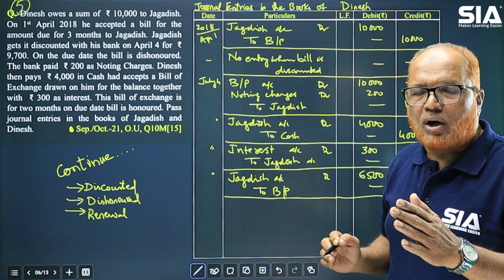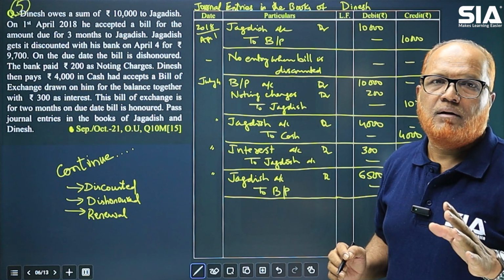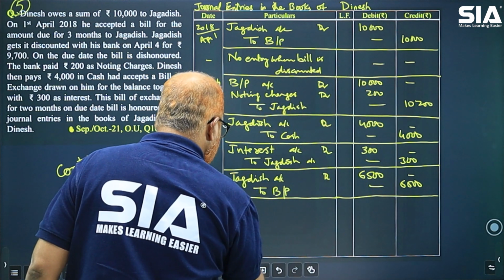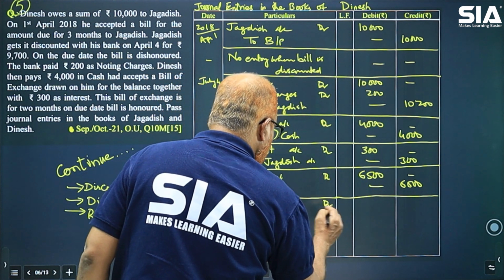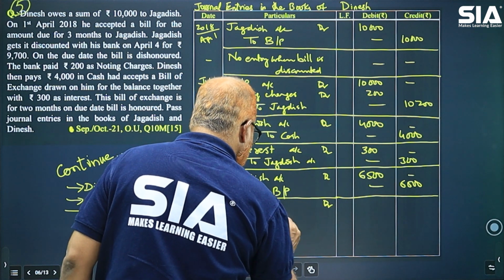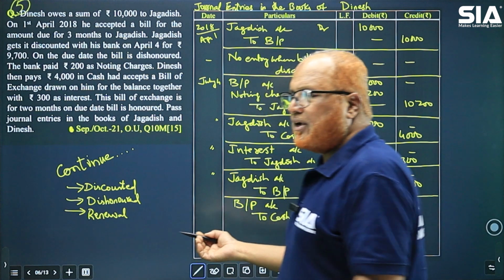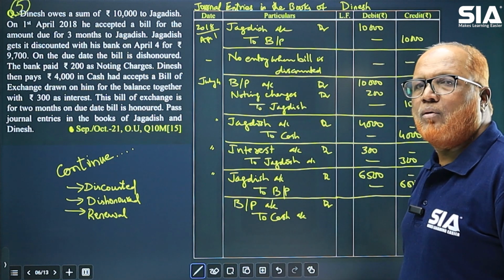So when the bill is honored or dishonored, bills payable should be debited. So here I am writing bills payable account debtor to cash. Cash or bank, anything you can write, you will get the marks. Whether cash paid or through bank, it is not given. So bills payable account debtor to cash.